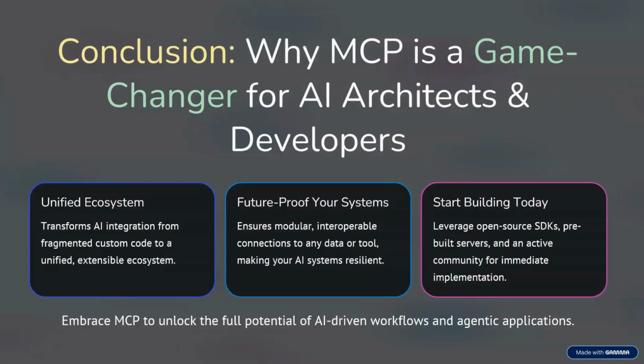Now, why is it a game changer for AI architects and developers? There is a unified ecosystem that transforms AI integration from fragmented custom code to unified, extendable systems, and future-proofs your systems.